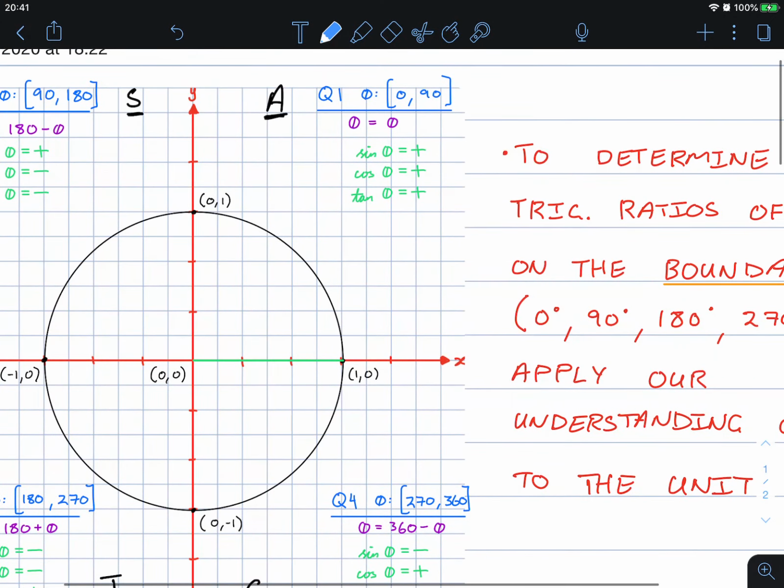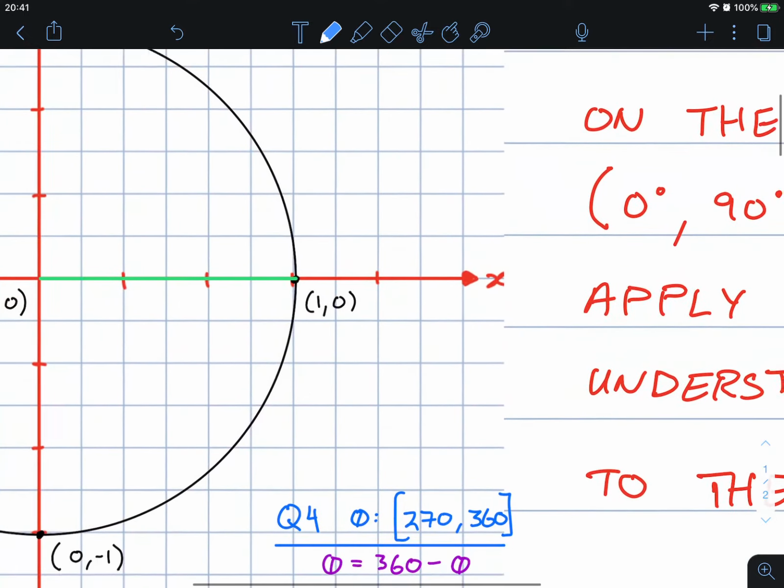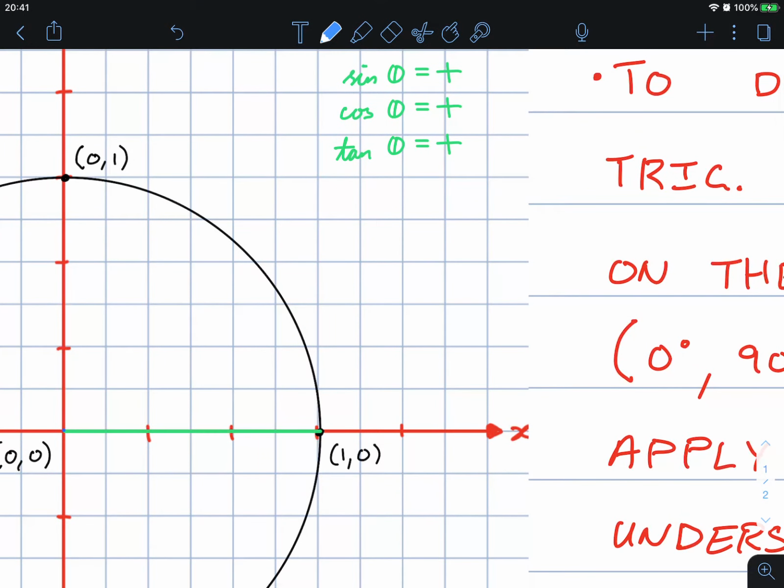Cosine, let me demonstrate it again. Going back to our original understanding, if we have any angle, cosine of that angle refers to the x value at that point.